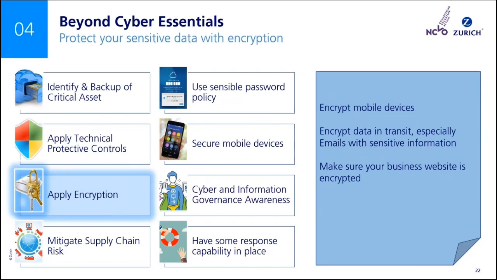And make sure your business website is also encrypted. Again, it goes back to what I was saying before: if I have the option to choose between two charities and I find out one of the charities doesn't have a secure website, I won't pay to that charity. I will pay to the other charity. So make sure your website is also encrypted, is also secure.